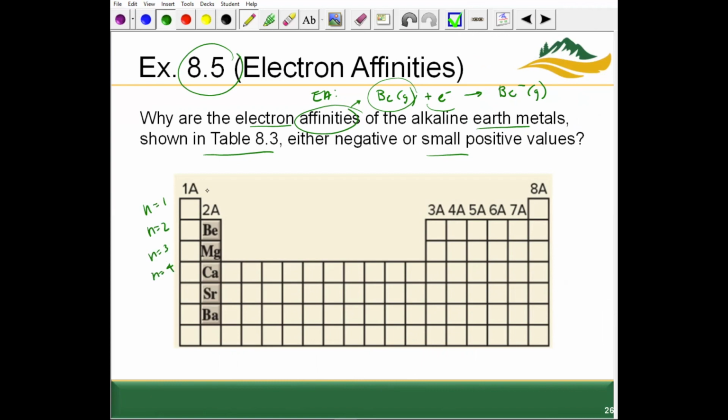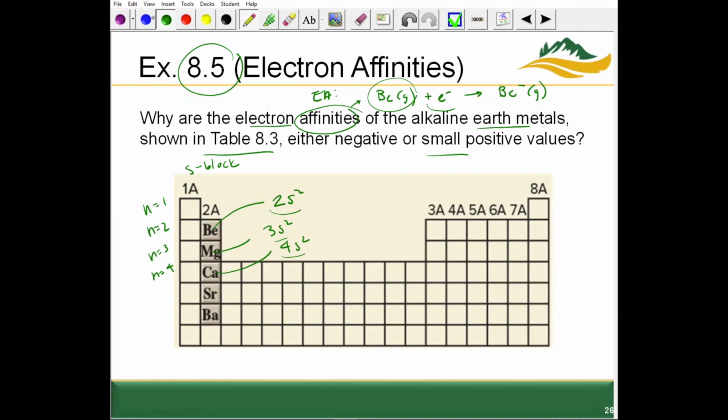So n equals 1, 2, 3, 4, these are all in the s block. Beryllium then is going to have an outer shell of 2s2. Magnesium, 3s2, calcium, 4s2, and so on. I'm only writing out the 2s2, 3s2, and 4s2, but we know that other energy levels come before that.